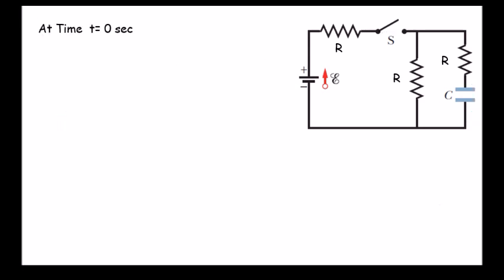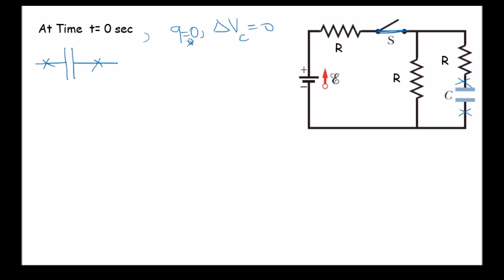When the time is 0, so here I close the switch, the charge is 0 and the difference in potential is 0. So if I draw this capacitor here, and I am saying that the difference in potential here is 0, what does it mean?